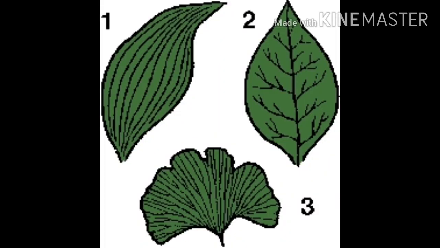Very good. And also we discussed two types of venation. Arrangement of veins in a leaf is known as venation. Which are the two types of venation? Yes, reticulate venation and parallel venation.